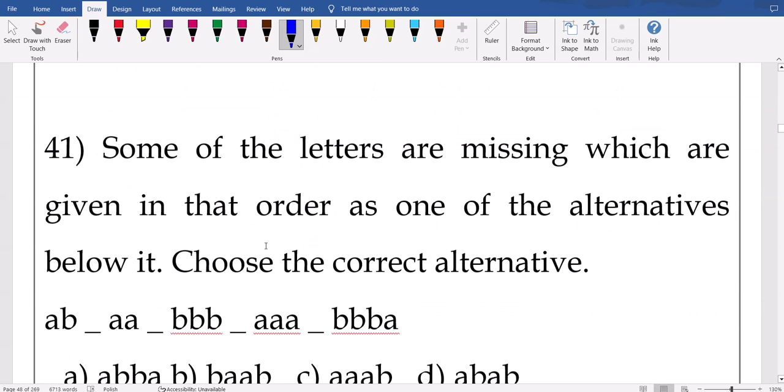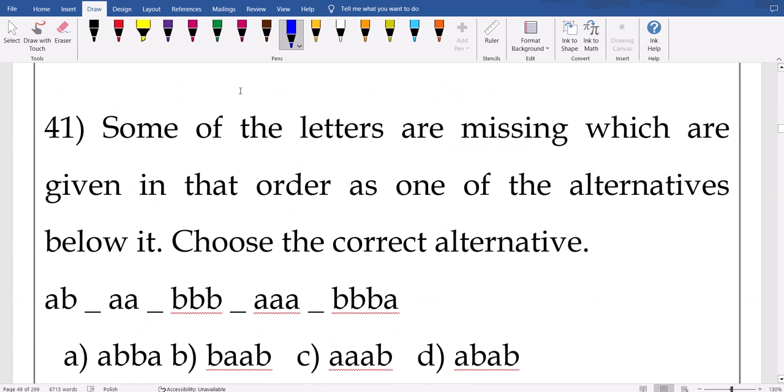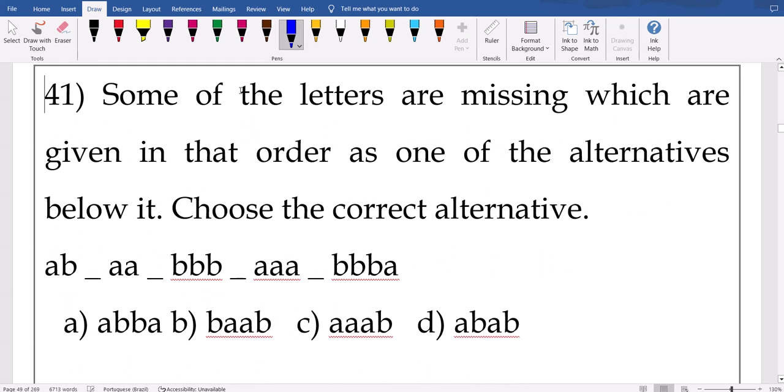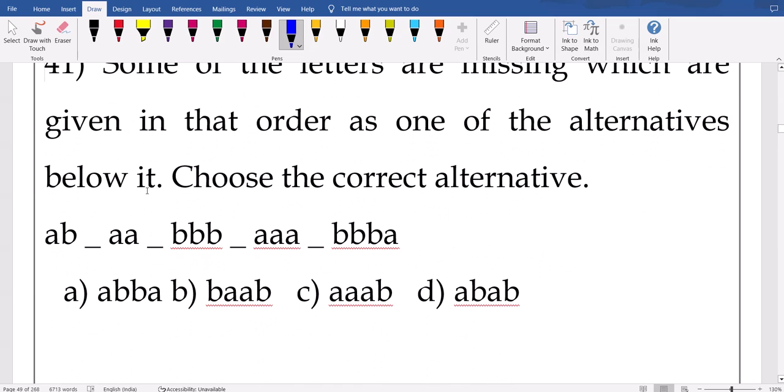Next one, only one question related to this is called repeated series. Sir, how can I know the logic? You can see in the question 3 B's are there. It may be 1A, 1B, 2A, 2B, 3A, 3B, 4A, 4B, like that it may keep going. It may be 1 time A, 1 time B, 2 times A, 2 times B, 3 times A, 3 times B, 4 times A, 4 times B. Some logic keeps going.